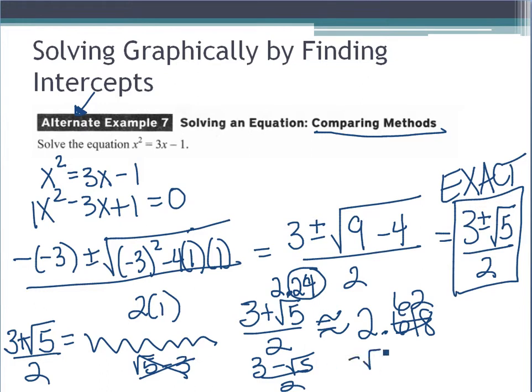I'm going to make it a negative square root of 5, and then I'm going to add 3, because that's equivalent to this. Then I'm going to divide by 2. So the square root of 5, make my previous answer negative. Then I'm going to add 3, and then I'm going to divide by 2. And I get approximately, because I am rounding, 0.38.